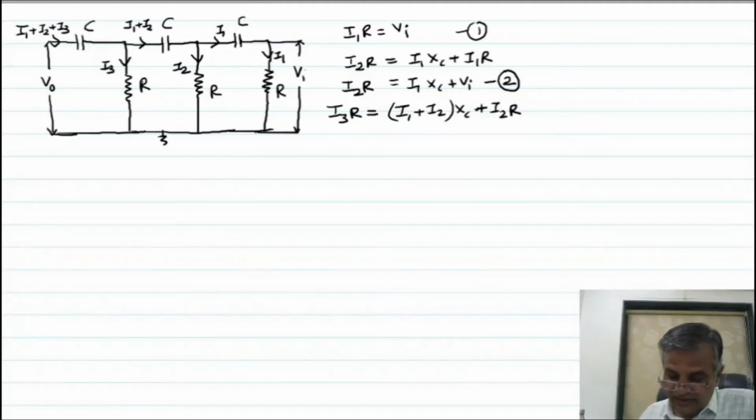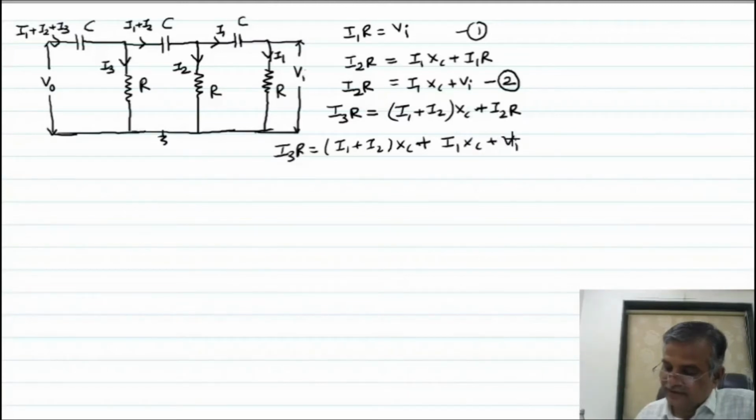So I3R is equal to I1 plus I2 into Xc plus I2R, meaning I1 Xc plus Vi. Now you can also write Vo.